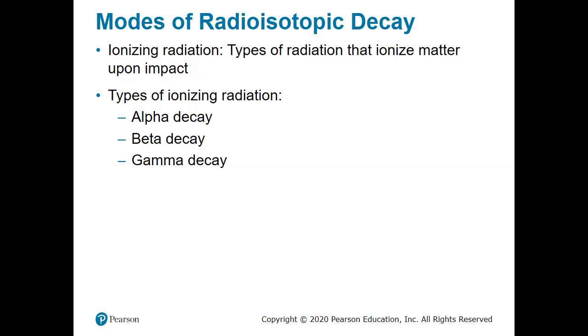Ionizing radiation has one trait in particular. When ionizing radiation comes in contact with matter, it is going to ionize that matter. And really what that means is that radiation is going to remove electrons from that matter.